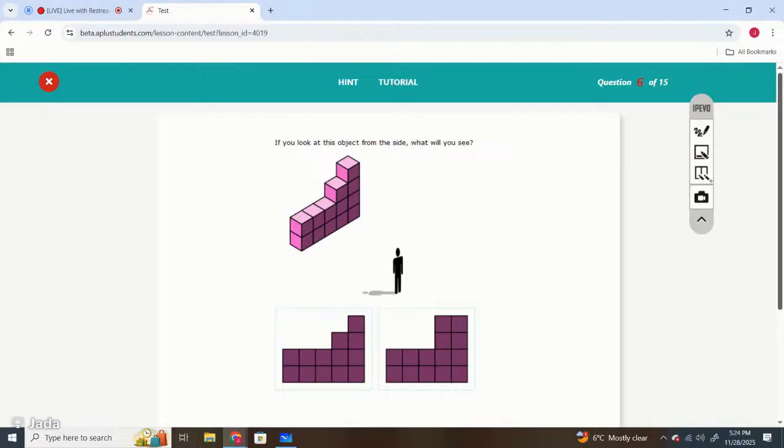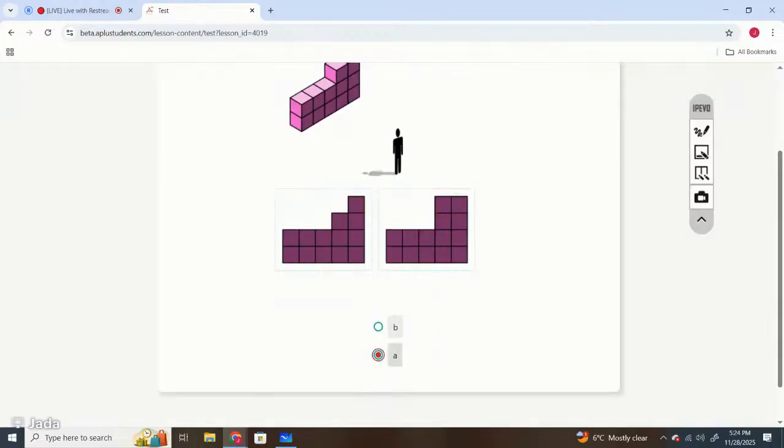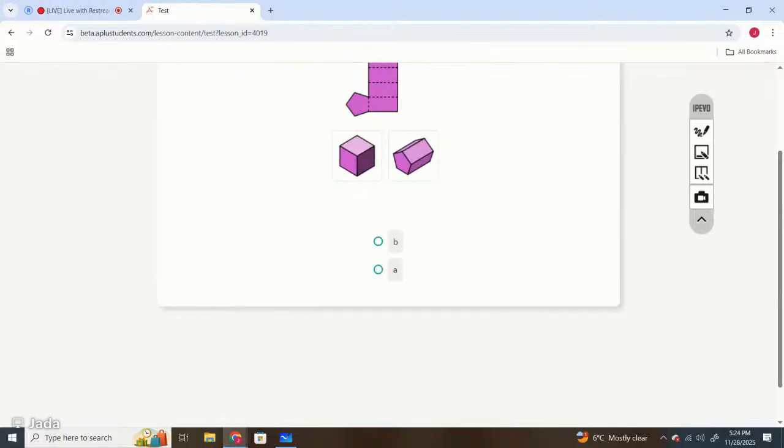So option number A is the correct option. Option number B is the correct option.